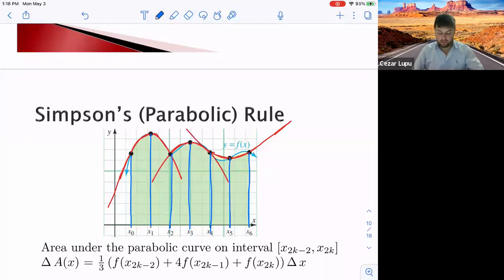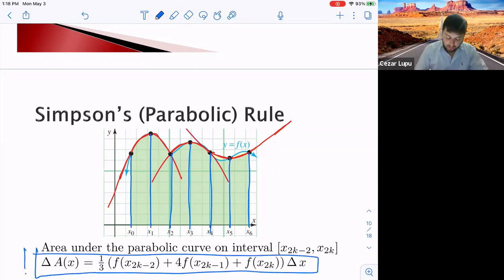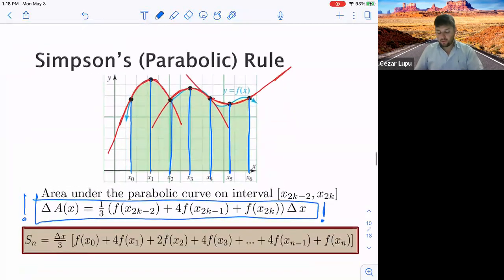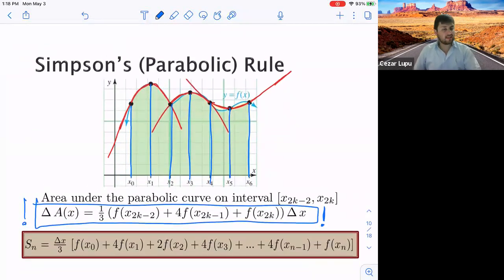So that's the area. All right, great. And now the only thing we are left to do is to sum up all these areas under the parabolic curves. And then guess what? We'll have Sn.